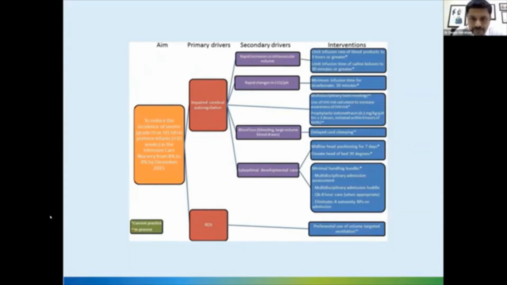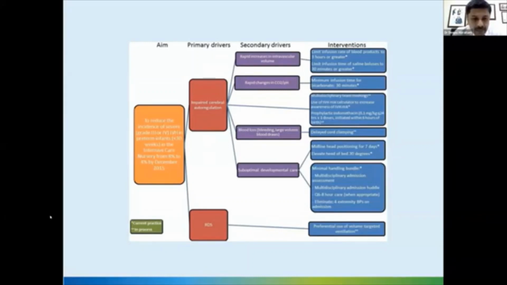Delayed cord clamping, then midline head positioning for the first 7 days, minimal handling. All of these need a very close association between our nursing team and the medical team, and there have to be repeated teaching sessions and orientation sessions to implement all of these.